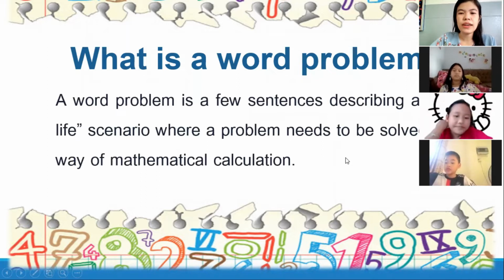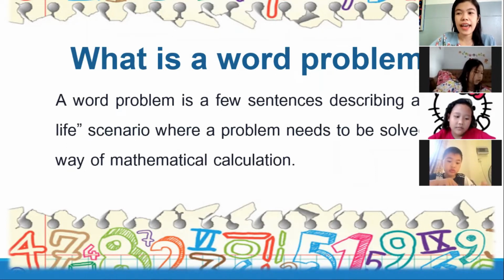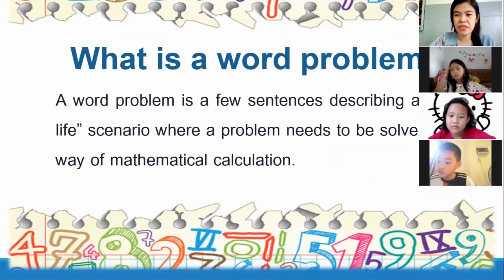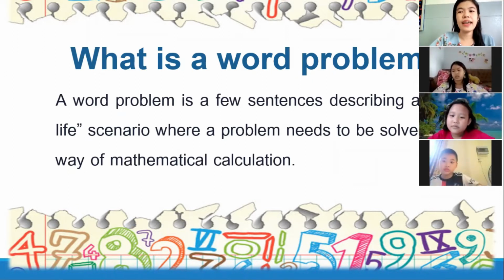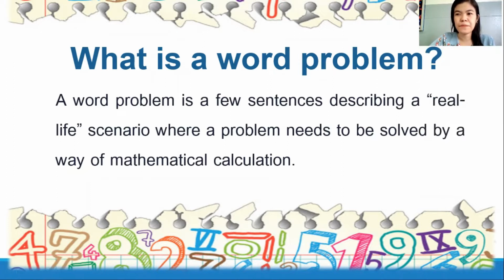It is used every day. When you buy something in 7-Eleven, you are having a word problem in mathematics. You are going to know how much you are going to pay and how much will be the change for your money. That is an example of a word problem.